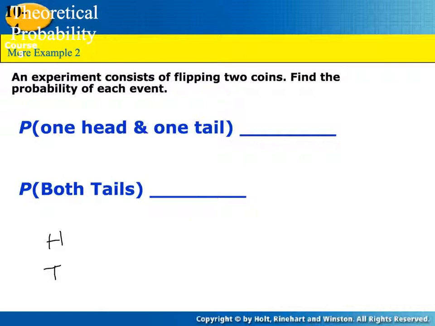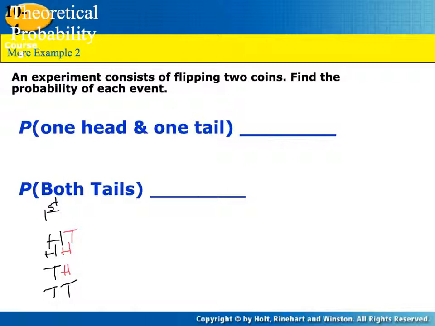If I flip that second coin after I flipped my first heads, what could I flip next? Well, I could flip a heads and a tails, but I also could flip a heads and a heads. And my bottom one, I could flip a tails and a heads, and a tails and a tails. Those are my 4 possible outcomes.